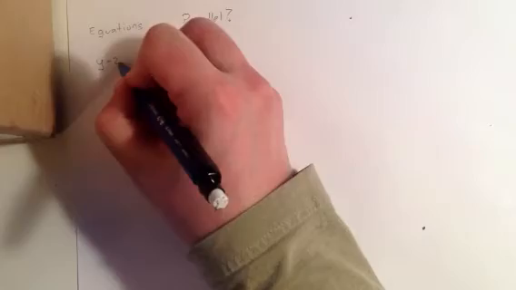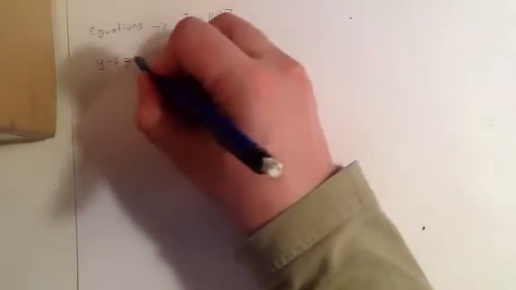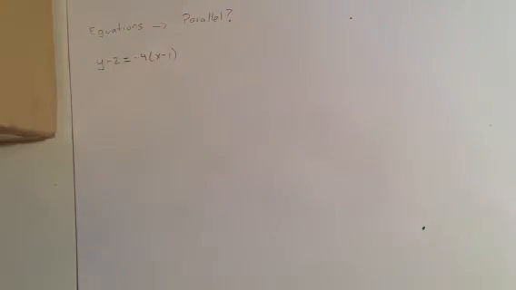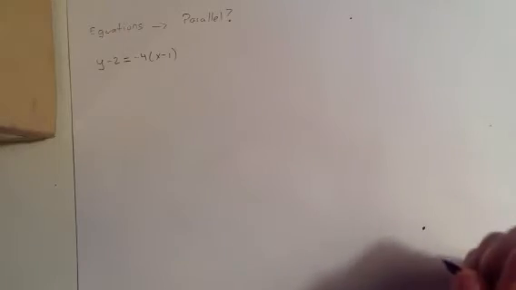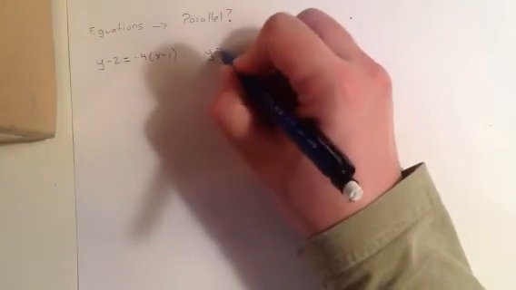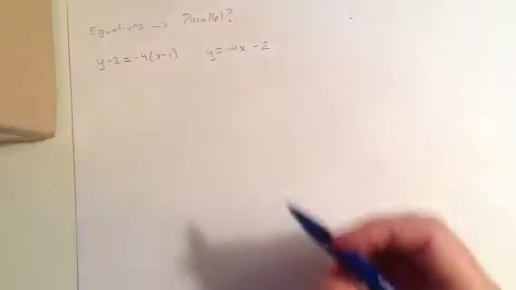So let's suppose I give you y minus 2 equals -4 times x minus 1, and y equals -4x minus 2.